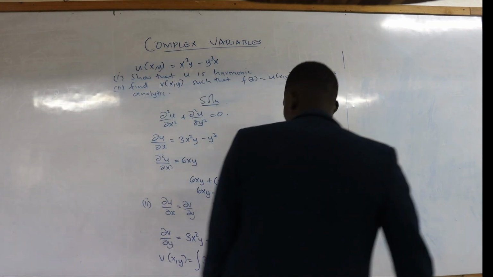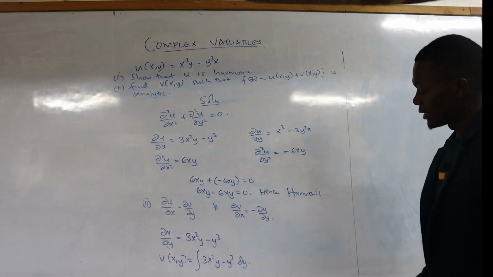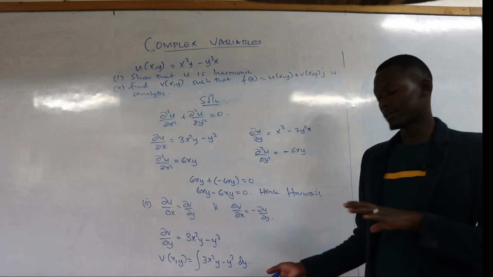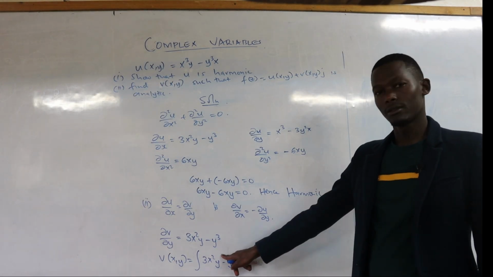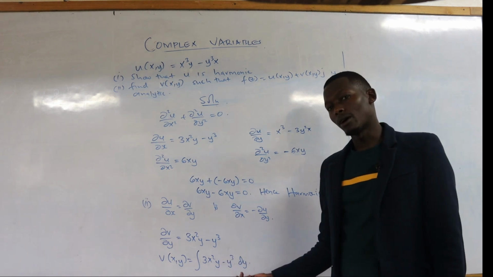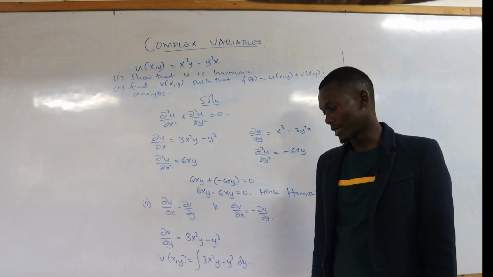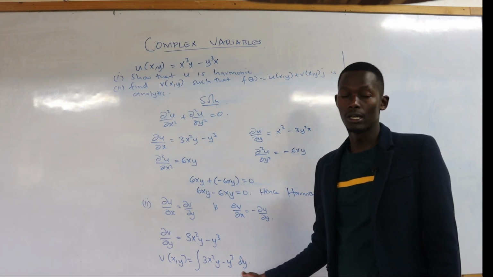And what is the rule of integration? Let me just go directly so that I don't confuse you. You increase the power, then you divide by the new power. Increase the power, divide by the new power. Remember, we're integrating with respect to y.